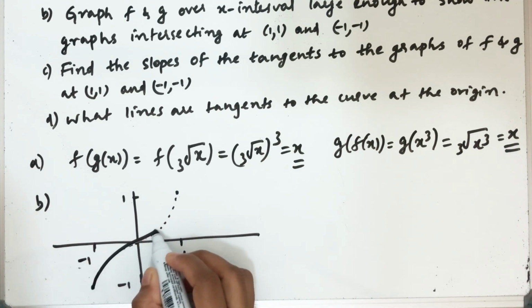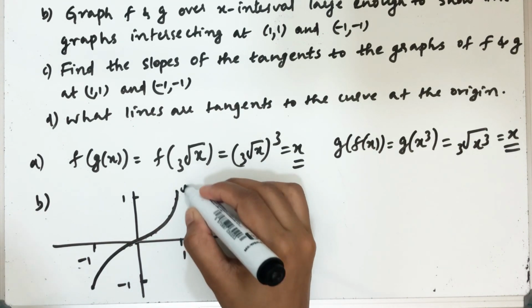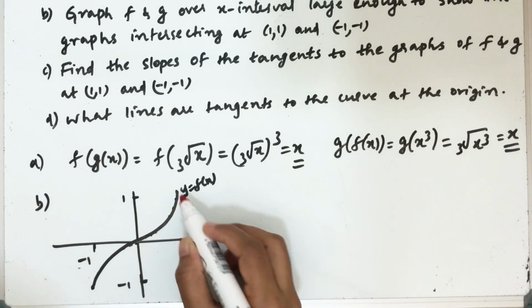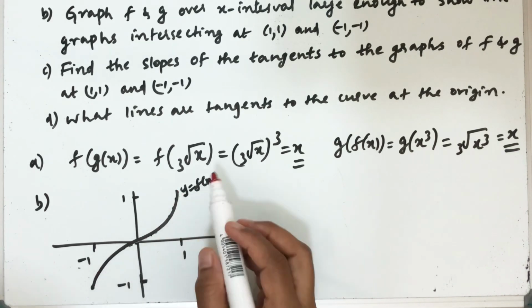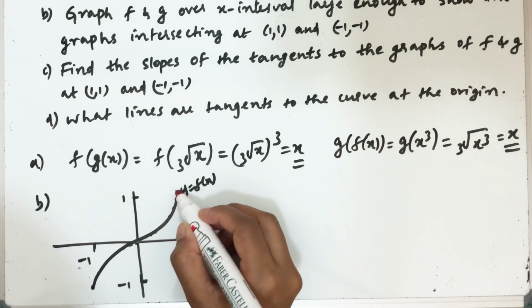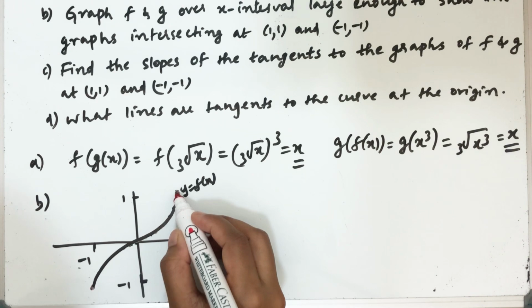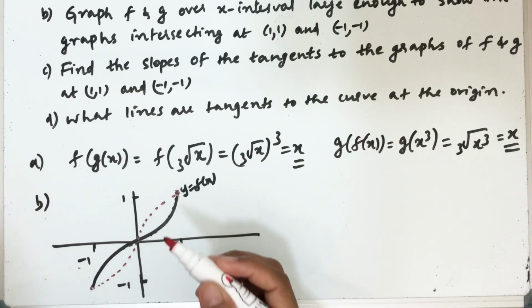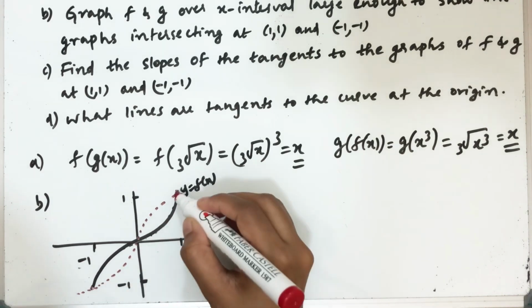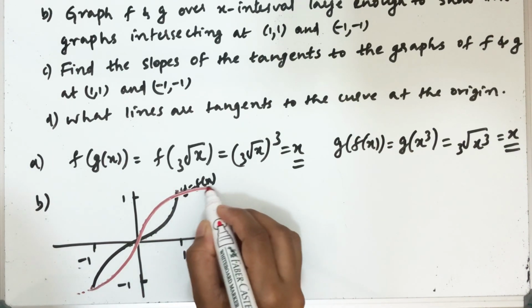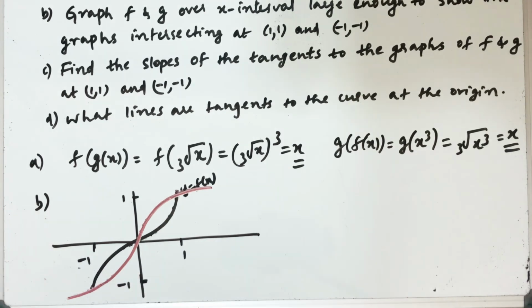So this is the graph of y equal to f of x, or x cube. So (1, 1) and (-1, -1) are points of f of x, and also points of f inverse of x. So it will be like this is the point, and the graph will go like this. You can expand this. So this will be the graph of f inverse of x. Here the graph goes like this.